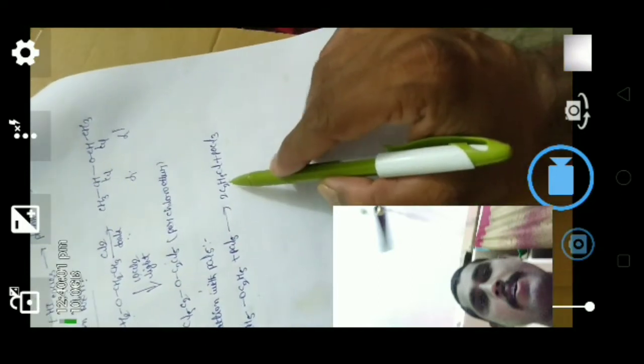Here the diethyl ether, when you react with phosphorus pentachloride, gives ethyl chloride and POCl3, phosphorus oxychloride.